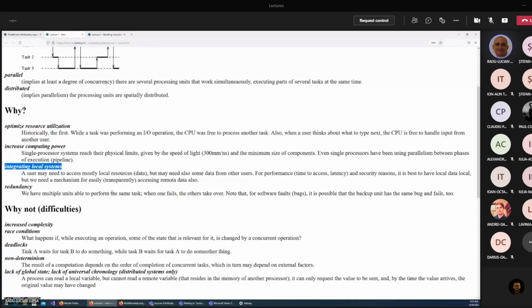And you want to be able to access data that is elsewhere, because it's local and more involved in another place.